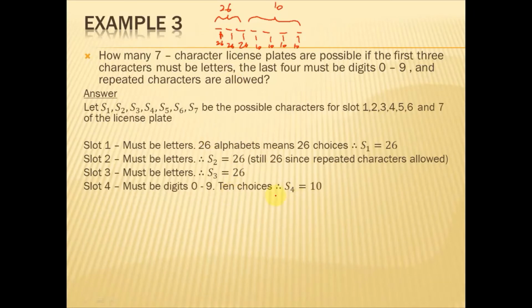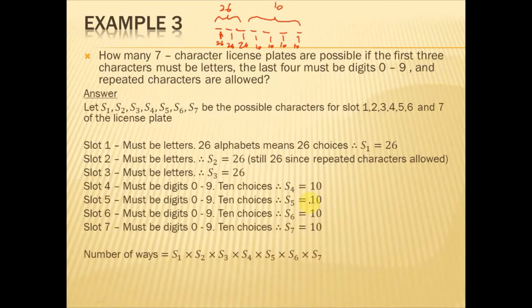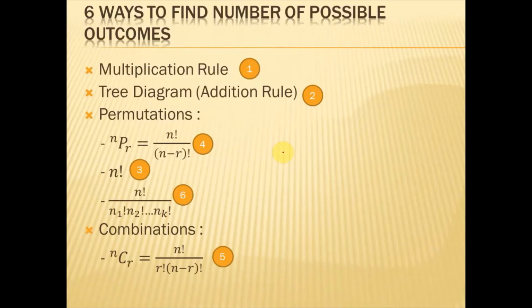S4 must already be a digit, so there are 10 choices, 0 until 9. S5 also 10. S6 and S7 are 10. So times everything: 26 times 26 times 26 times 10 times 10 times 10 times 10, you get 175760000 ways.